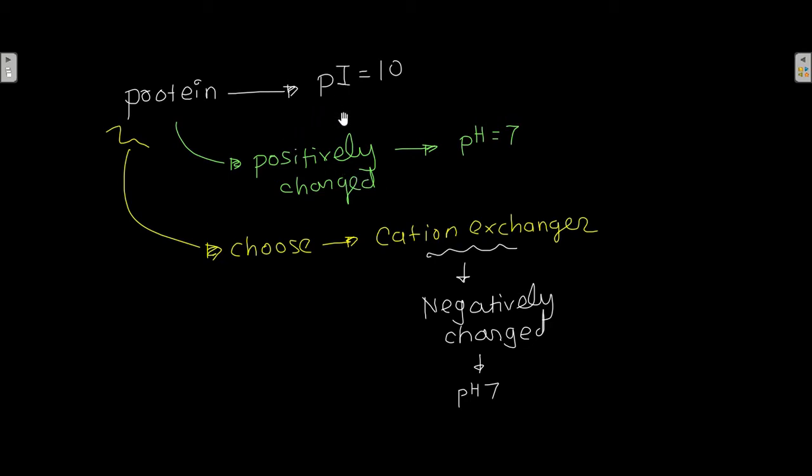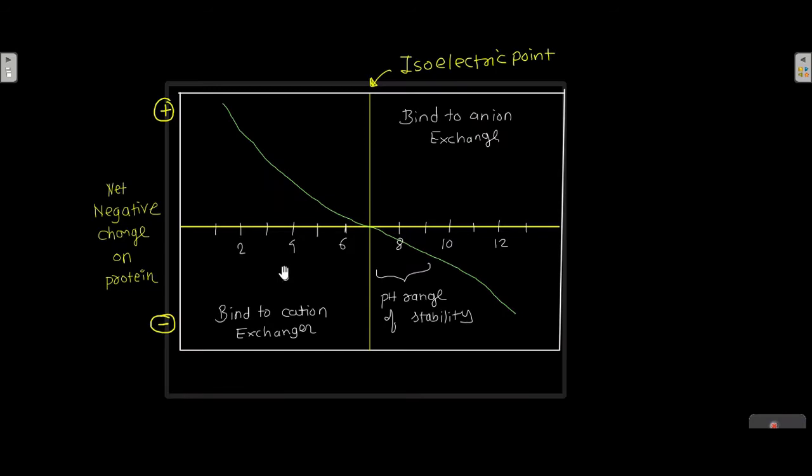Now this diagram shows how the net charge of a hypothetical protein changes as a function of pH. Okay, as the pH changes, the net charge also changes. So between pH 2 to 6, the net charge is positive, and if the pH goes beyond 6, the net charge becomes negative of that hypothetical protein.